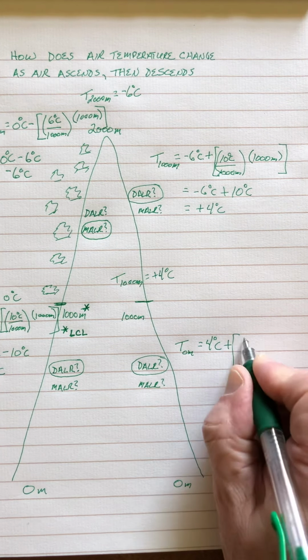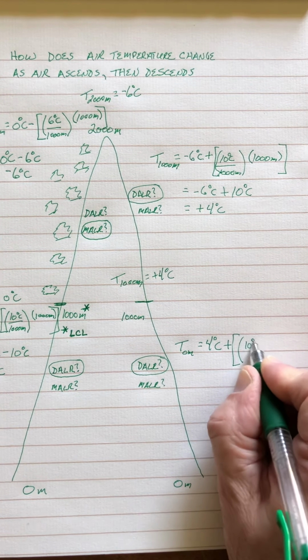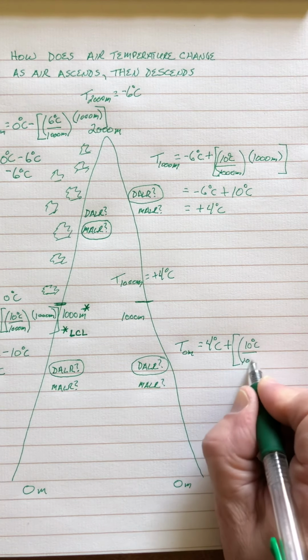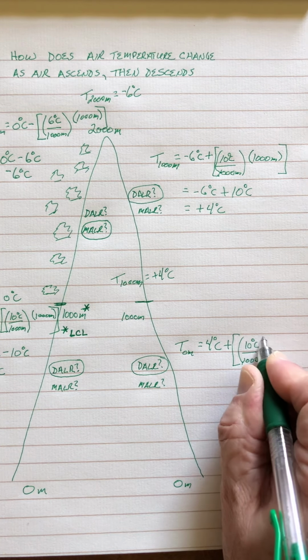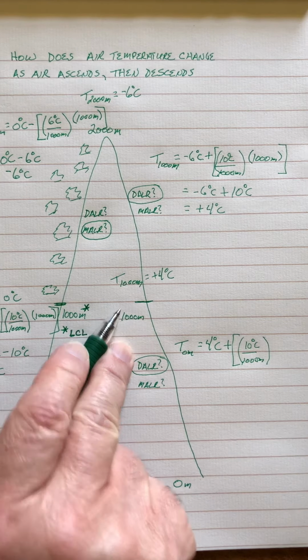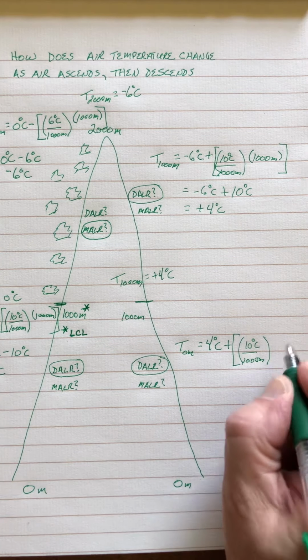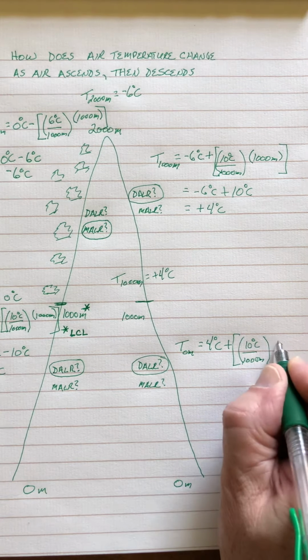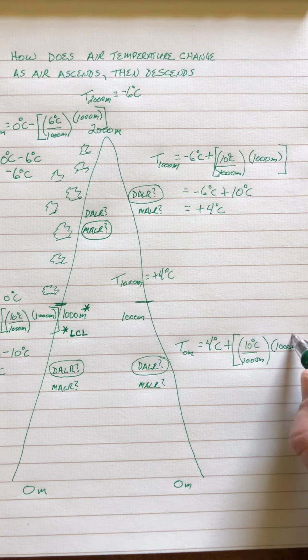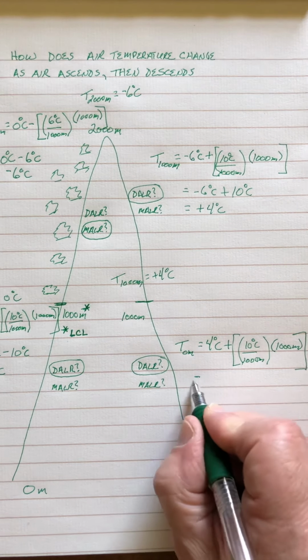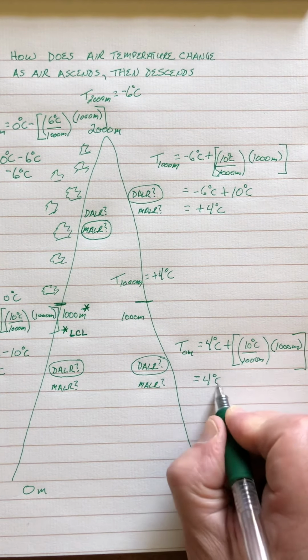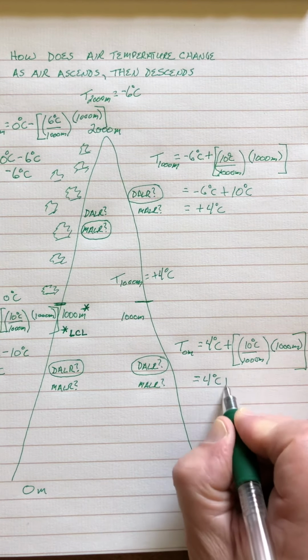It's warming at the dry adiabatic lapse rate, 10 degrees C per 1,000 meters. Okay, and we're going from 1,000 meters down to the base of the mountain at 0 meters, so that's a distance of 1,000 meters. So that will be 4 degrees C plus 10 degrees C per 1,000 meters.